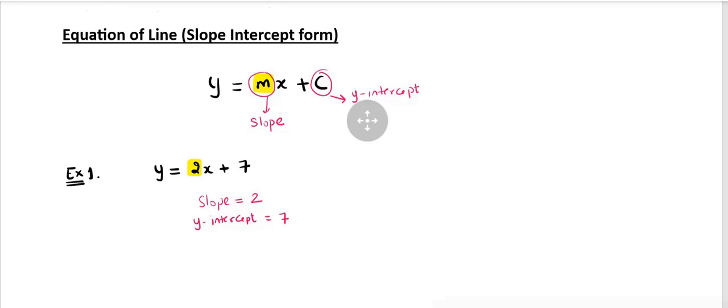Similarly, let's consider another example. If y is equal to minus 3 over 2x minus 10, again comparing it with the standard form of this equation, the coefficient of x, that is minus 3 over 2, will give you the slope and the constant term will give you the y-intercept.